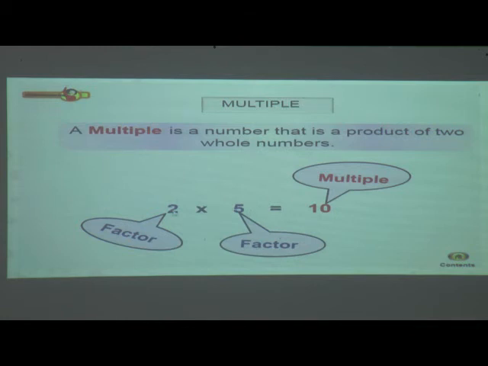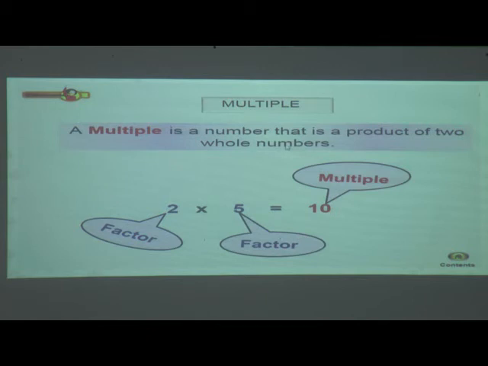So both are whole numbers. When multiplied, we get 10 as a whole number. The 10 is the multiple, and 2 and 5 are the factors of 10. Okay. So a multiple is a number that is a product of two whole numbers.